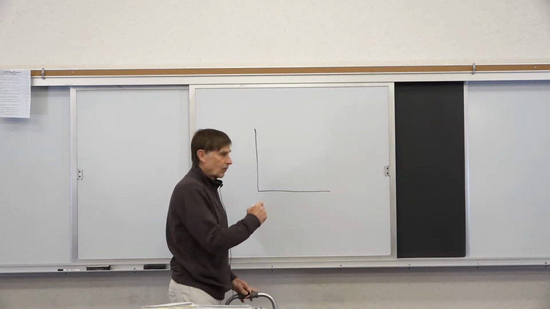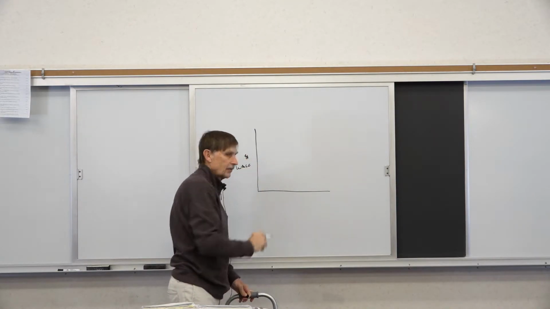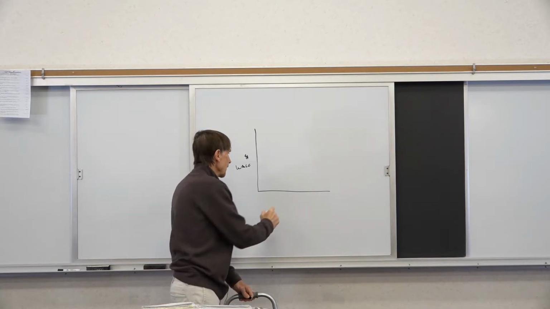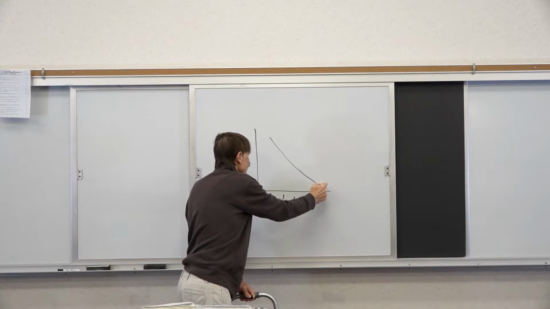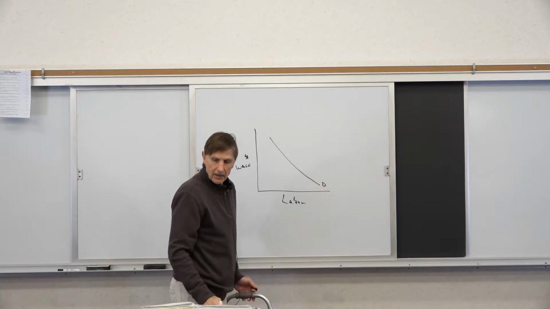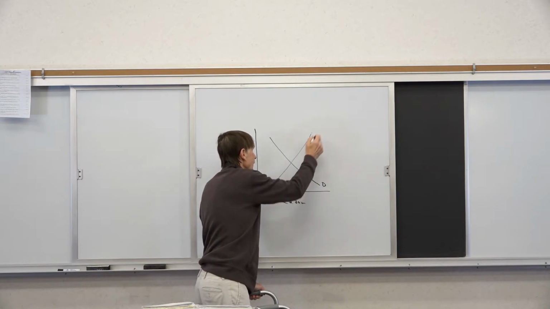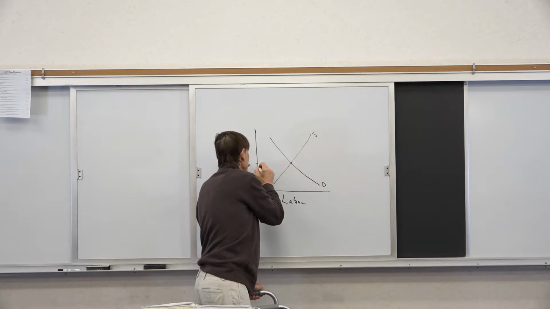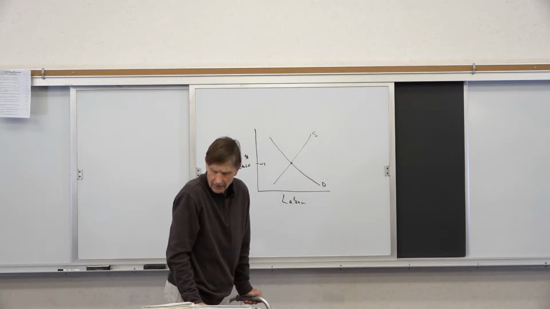We have a wage up here, in dollars, and then the amount of labor here. We would have a regular demand curve for labor, and we have a supply curve. And of course, we have this equilibrium wage that is there on figure 4.